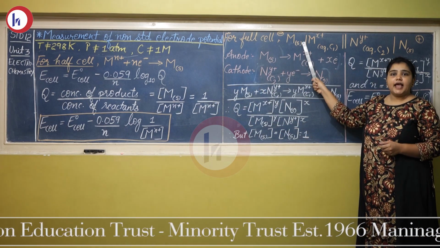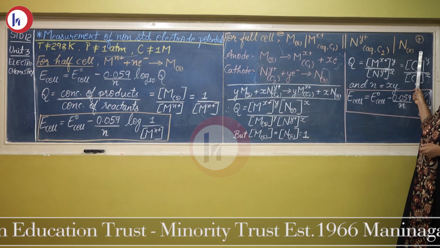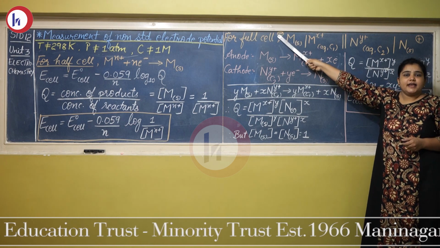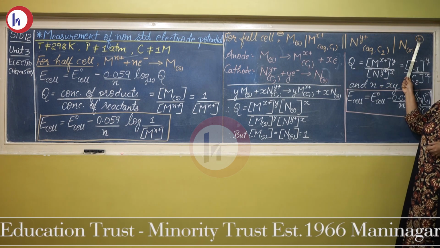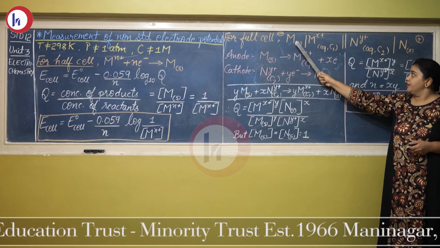Now, for a complete galvanic cell, let us assume this is the general equation for a complete galvanic cell, represented as, if you remember, minus sign indicates the anode part, plus sign indicates the cathode part, which we have studied in the second lecture.